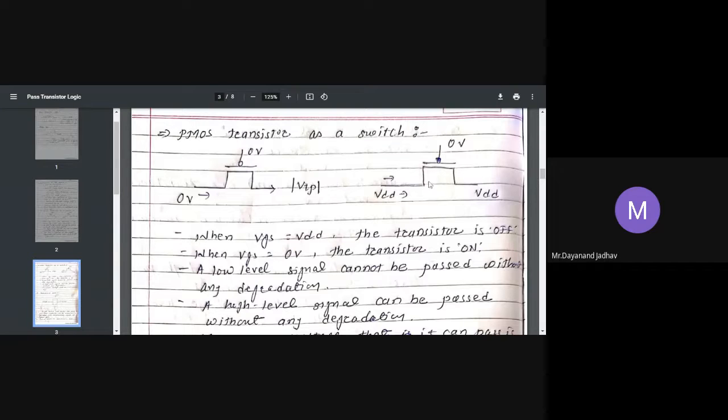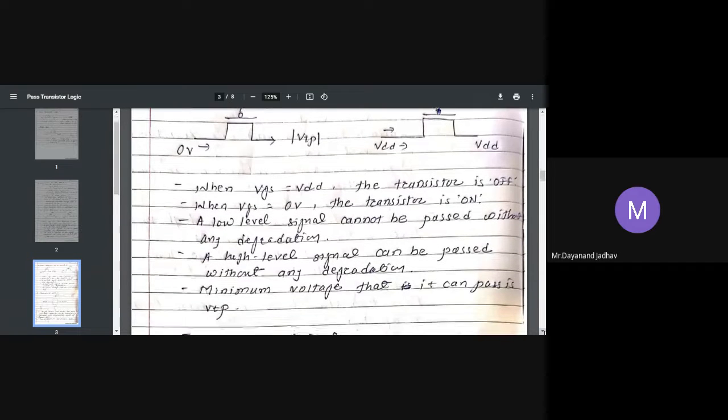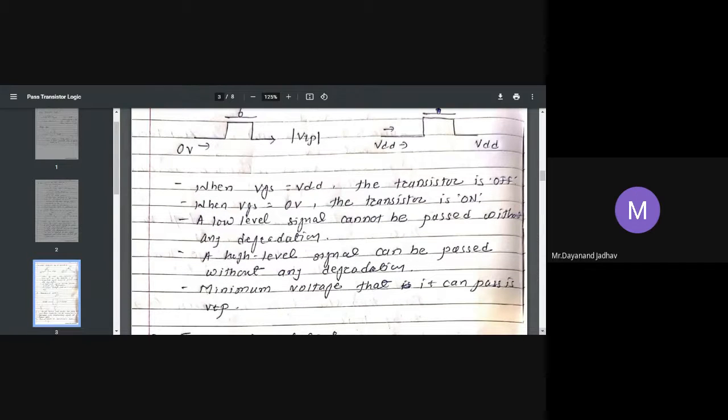When we consider the difference between PMOS and NMOS, they are totally opposite for high level and low level signals. In NMOS, when 0 volt is applied it can be easily passed, but when a high voltage is given there is a problem and it cannot pass easily.